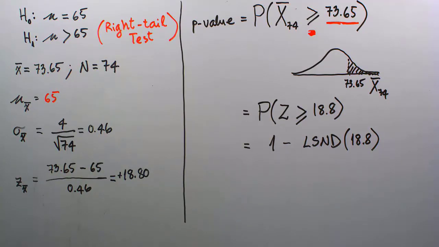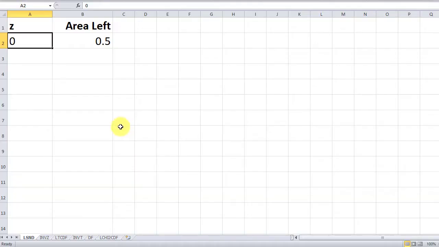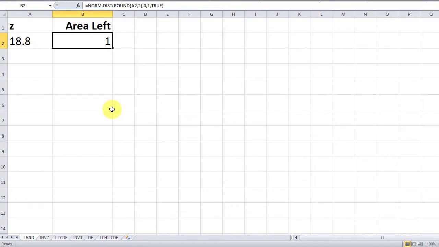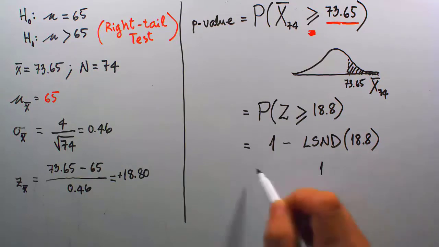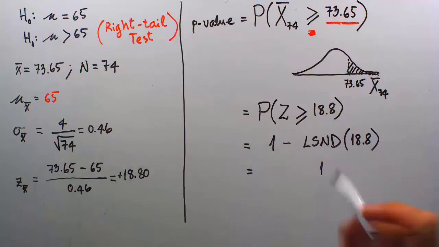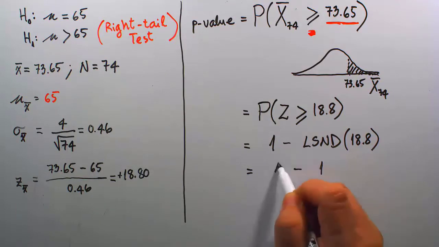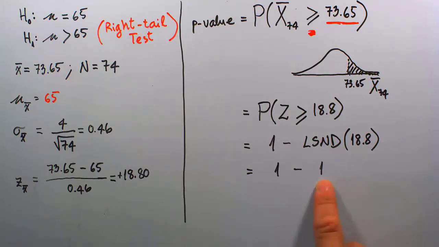And so now on my computer screen here, with my LS&D program currently running, 18.8 as a z-score will have an area to the left, completely shaded to the left on the standard normal distribution curve, to be 1. So this answer here comes out being 1. But our p-value is calculated as 1 minus 1, because this answer 1 is from the LS&D program, and we must subtract from 1.